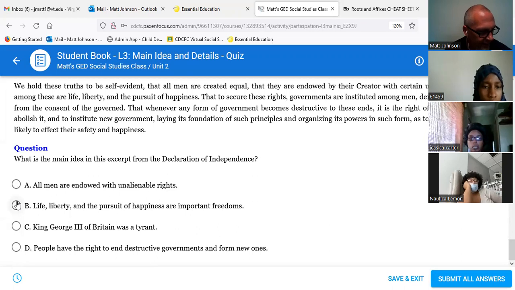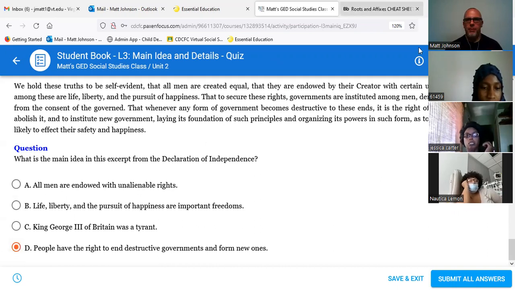The main idea. I think it's D. Yeah, so people have the right to end destructive governments and form new ones.